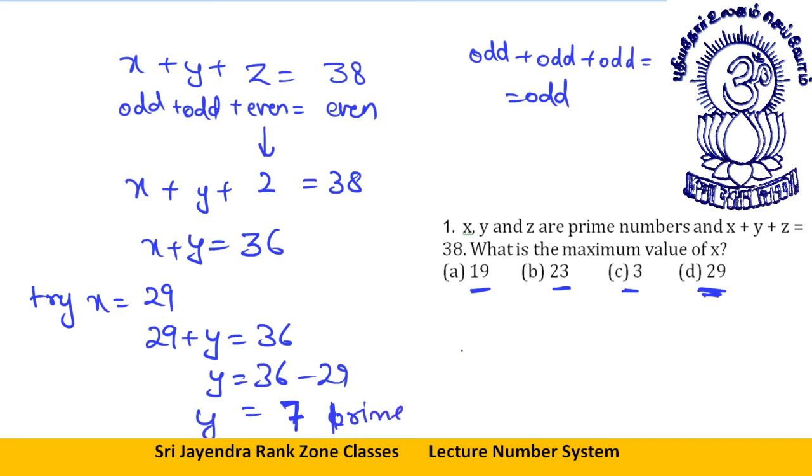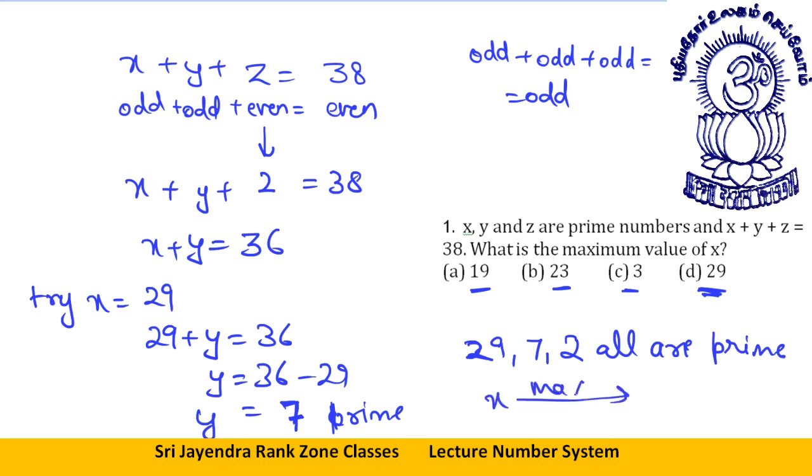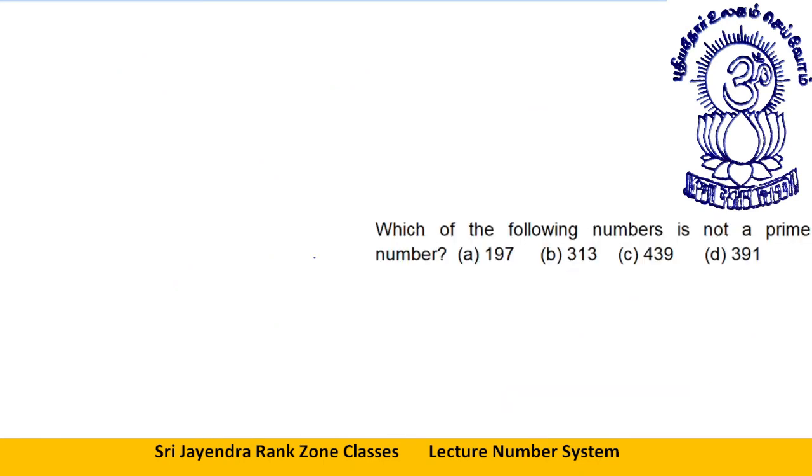So everything is satisfied. That is 29, 7 and 2, all are prime. What is the maximum value of x? That is 29, your answer. Option D. I'm sure it must be clear to all of you.